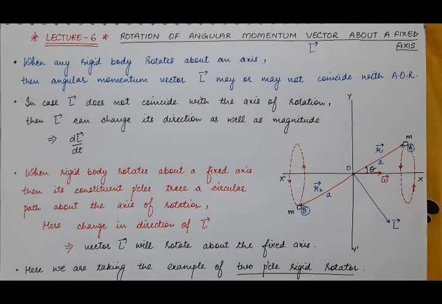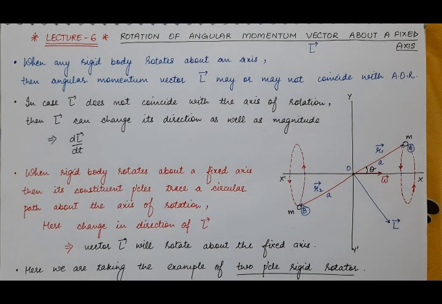In the first case, angular momentum vector L may coincide with the axis of rotation, or in the second case it may not coincide with the axis of rotation. So today we are discussing the case in which this L vector doesn't coincide with the axis of rotation.